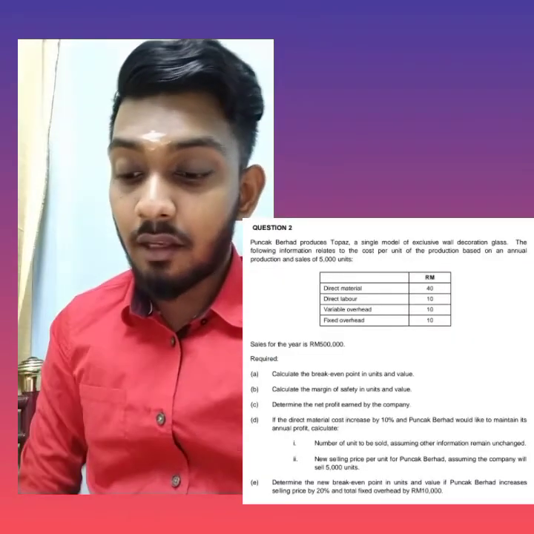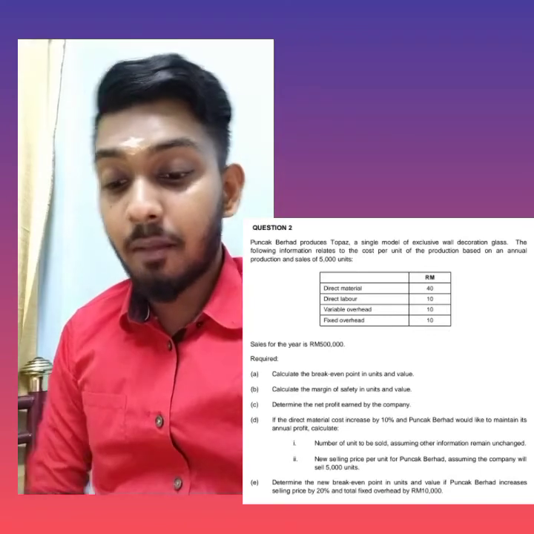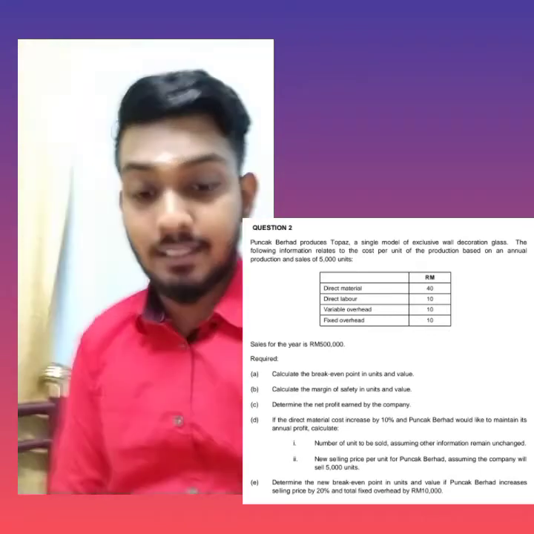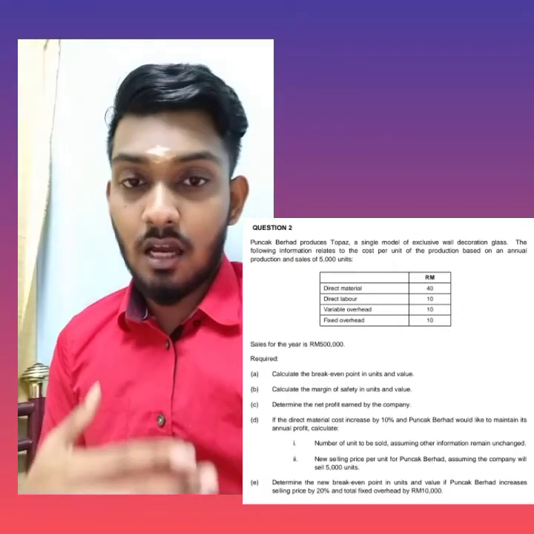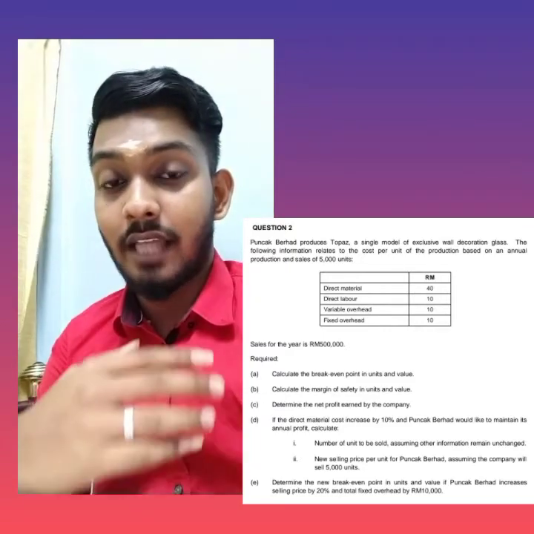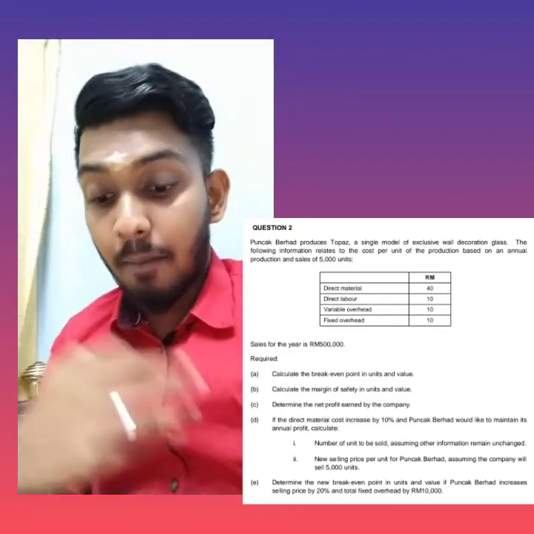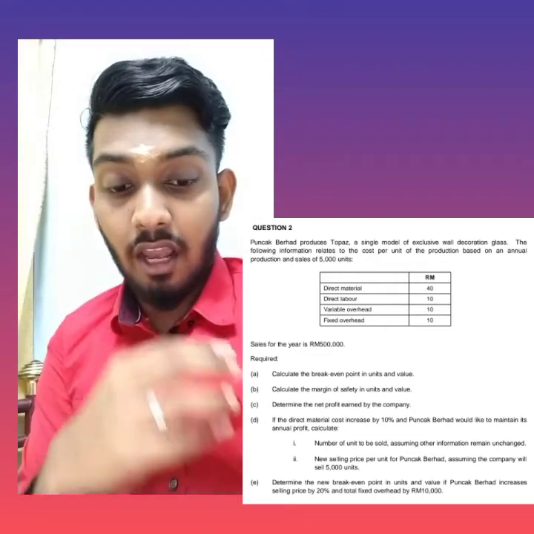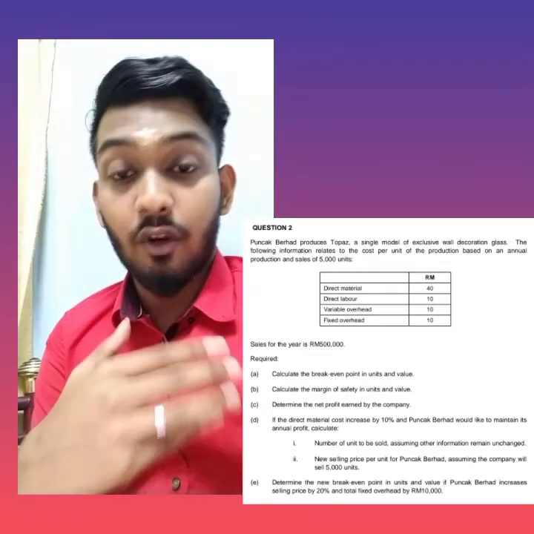For D, we need to find, if the direct material cost increased by 10% and Puncak Berhad would like to maintain its annual profit, the number of units to be sold, assuming all other information remains unchanged.